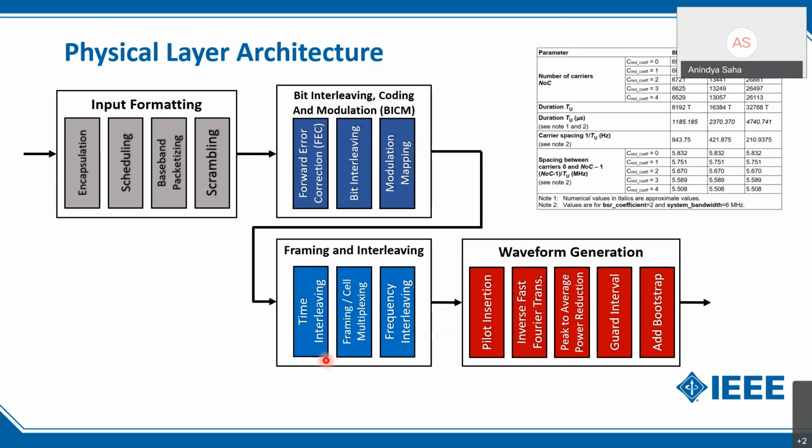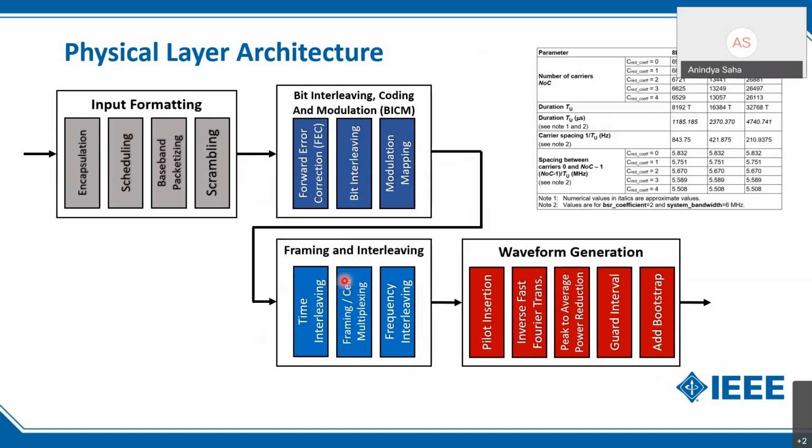When the frame durations are long, you have the ability to randomize the incoming bits or the incoming modulated symbols in the time domain and do some kind of interleaving. This enables you to create additional time diversity when the waveform goes from the transmitter to the receiver.